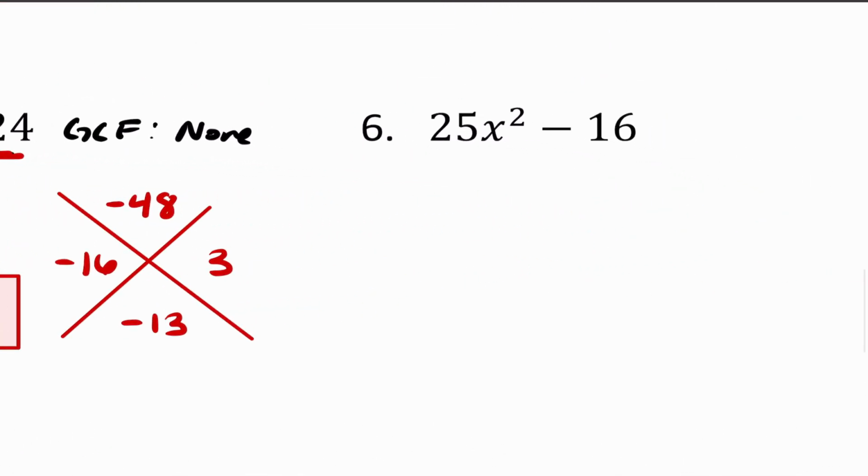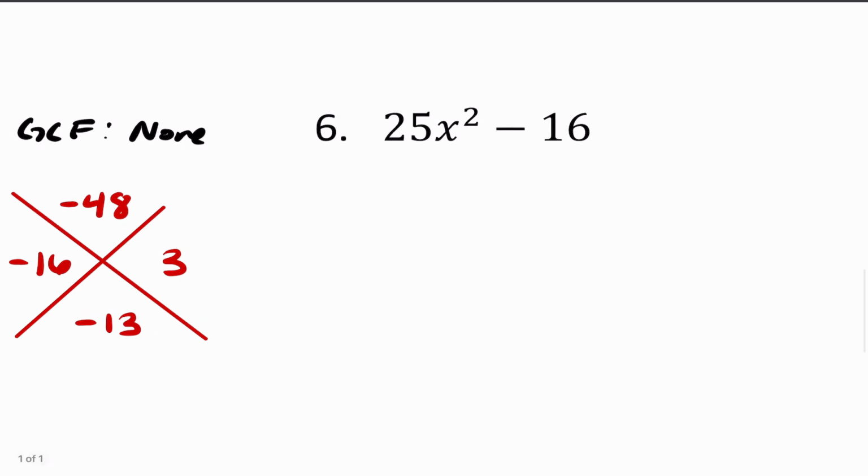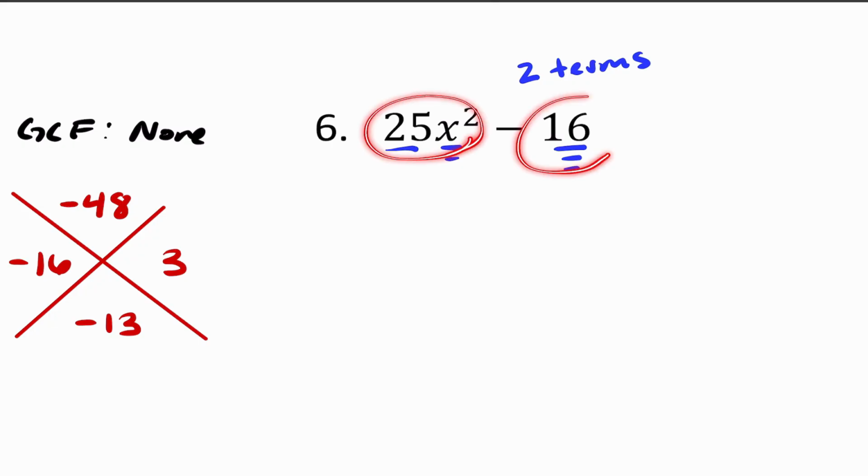All right, number 6. So we have two terms. And if we look closely, 25 is a perfect square. x squared is a perfect square. And then 16 is a perfect square. So these are perfect squares separated by a minus sign. So what you need to do is apply difference of two squares.